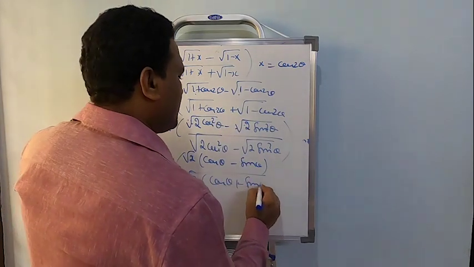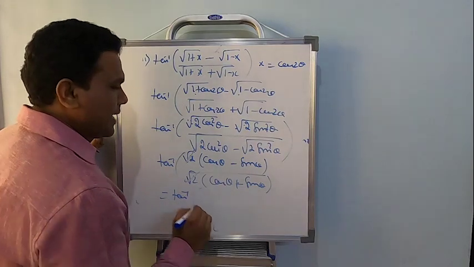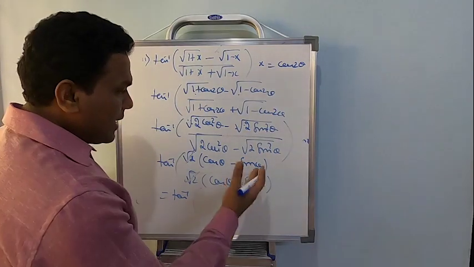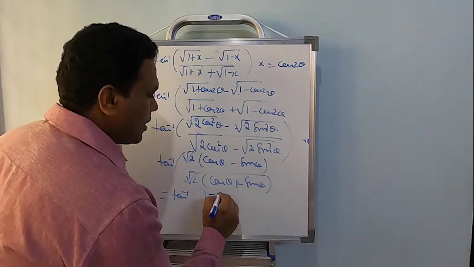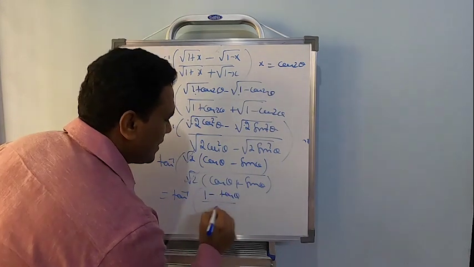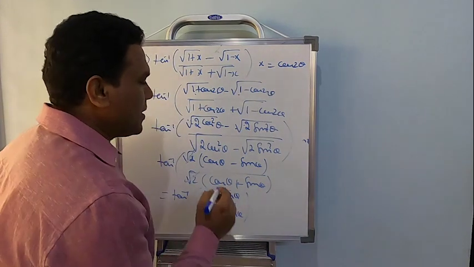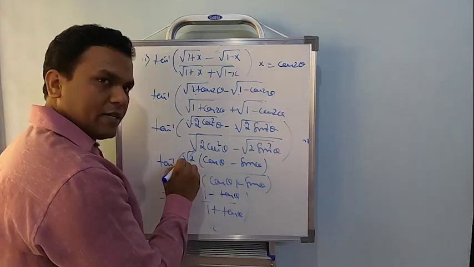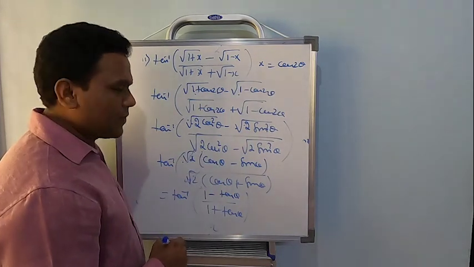Plus sin theta. That's fine. Root 2 will be cancelled. Then tan inverse of, take cos outside from the numerator. So on taking cos outside, 1 minus tan theta, and in the denominator 1 plus tan theta. Those cos terms will be cancelled, right?